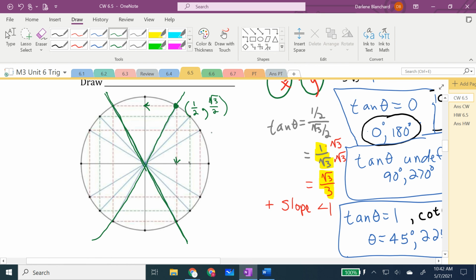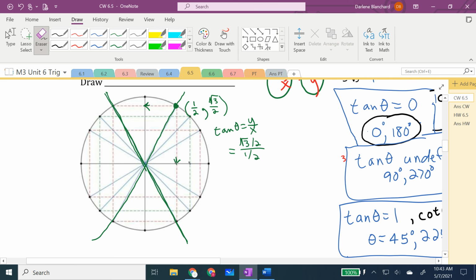Tangent is equal to the y-coordinate over the x-coordinate, which is also the sine over the cosine. That means we have the square root of 3/2 divided by 1/2. And what does that reduce to? That becomes just the square root of 3.